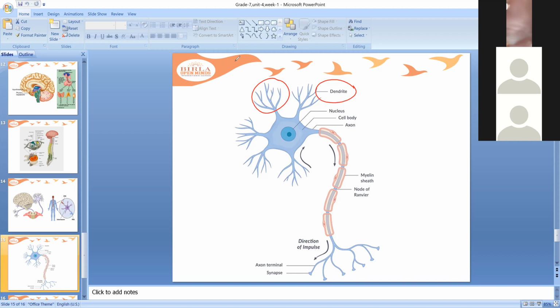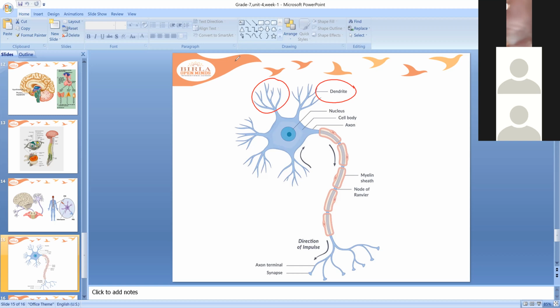Axons are long processes of neurons that carry signals or impulses away from the cell body. Axons and dendrites bundled together are called nerves. What are nerves? Axons and dendrites bundled together are called nerves.